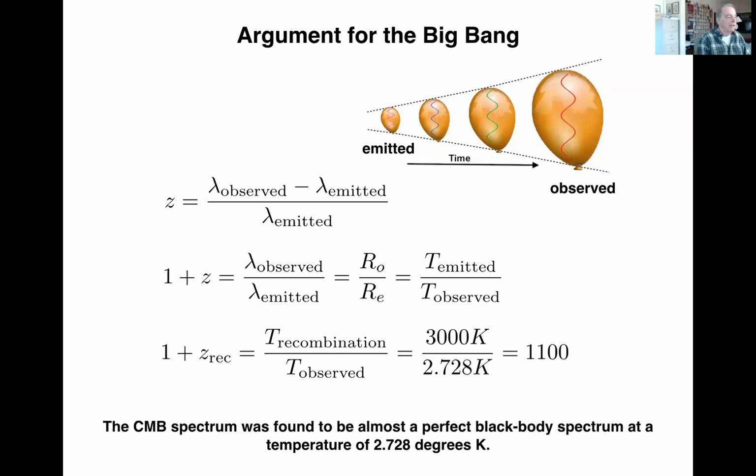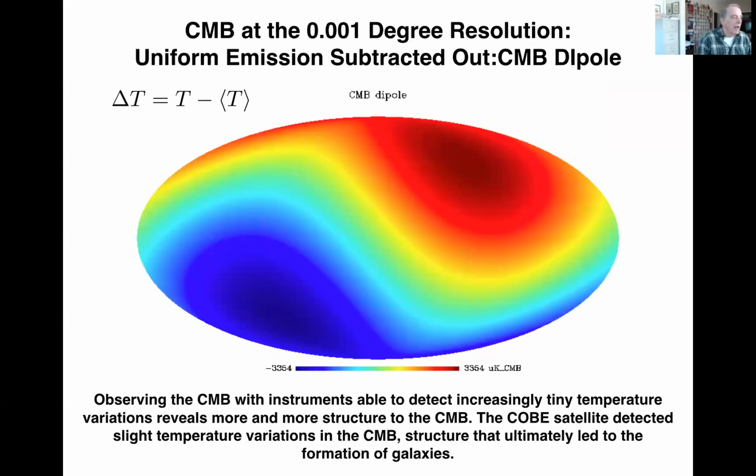Okay. So if we subtract out the uniform 2.728 black body radiation energy, we're not left with nothing. There's actually some structure there left over.